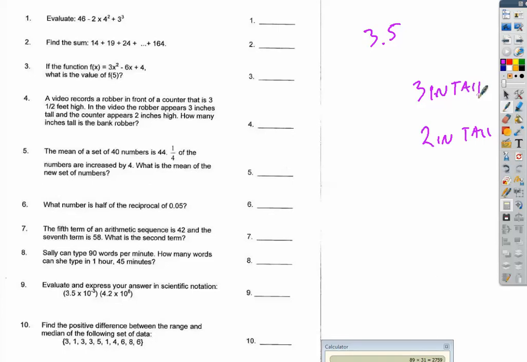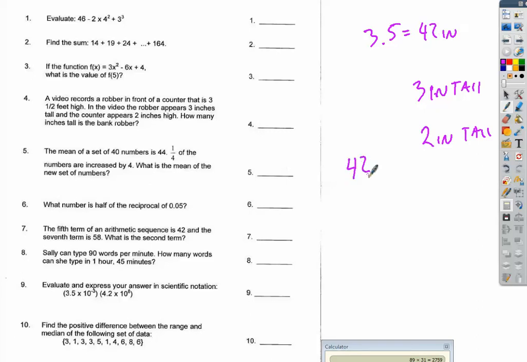How many inches tall is the bank robber? Oh, so if the counter is 3.5 feet tall, how many inches is this? Well, 3 times 12 is 36, plus a half a foot, which is 6 inches. So that's 42 inches.